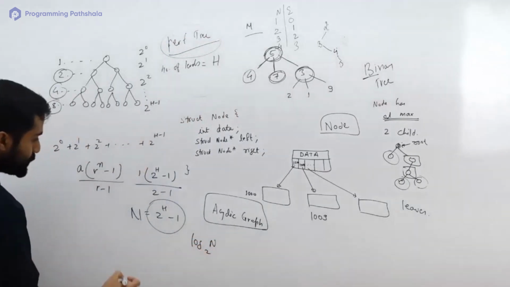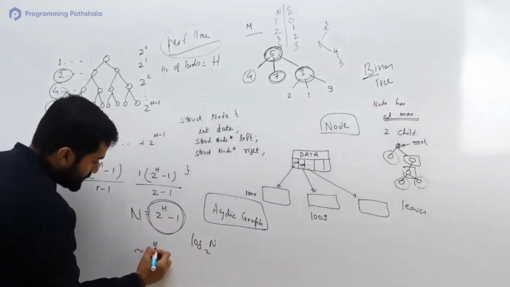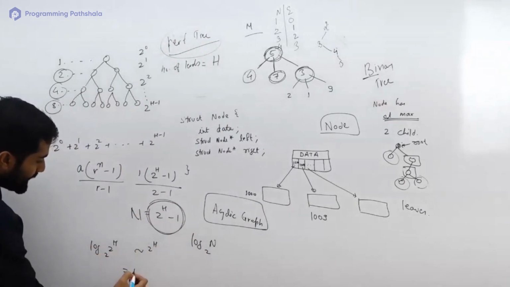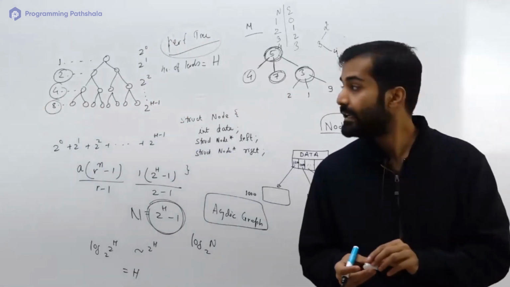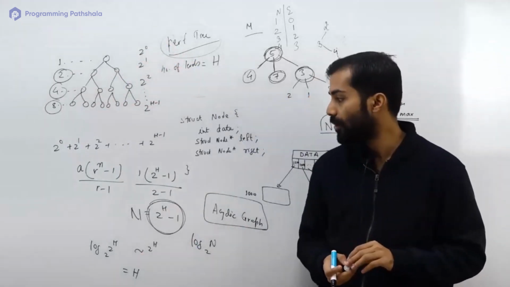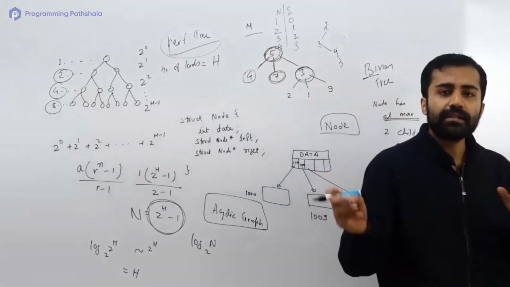Why log of n base 2? Because if you take log of this thing, see, this thing is almost 2 power h. So if you take log of 2 power h base 2, you will get h, which is the height. So if there are n nodes and the tree is perfect, then the height will be log of n base 2.